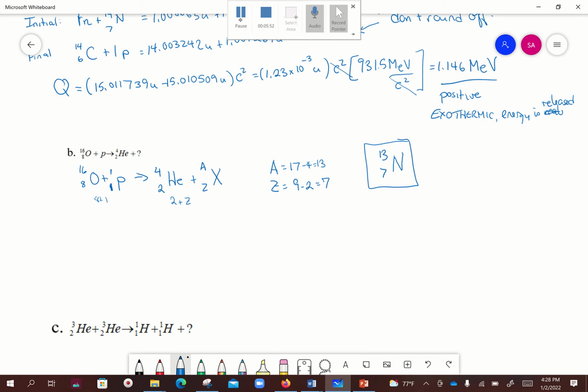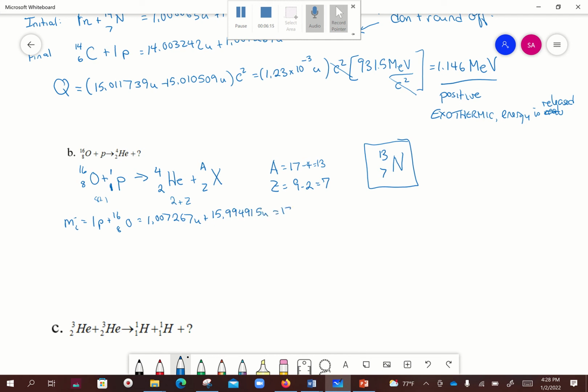Okay, so now I want to find the mass. So mass initial is equal to, we've got 1 proton plus oxygen-16. So that's 1.007267 u for a proton. Look up the oxygen, 15.994915 u.